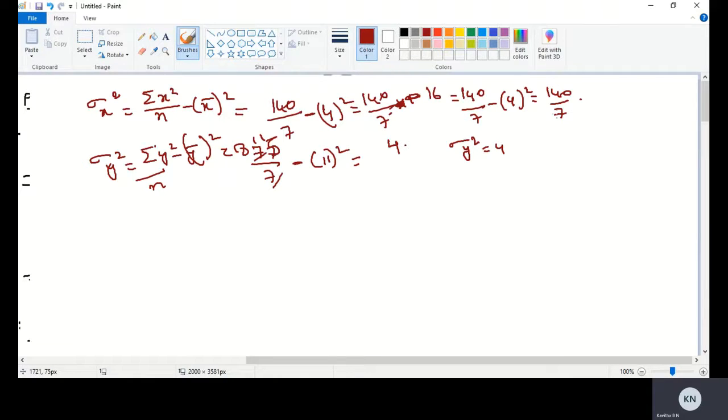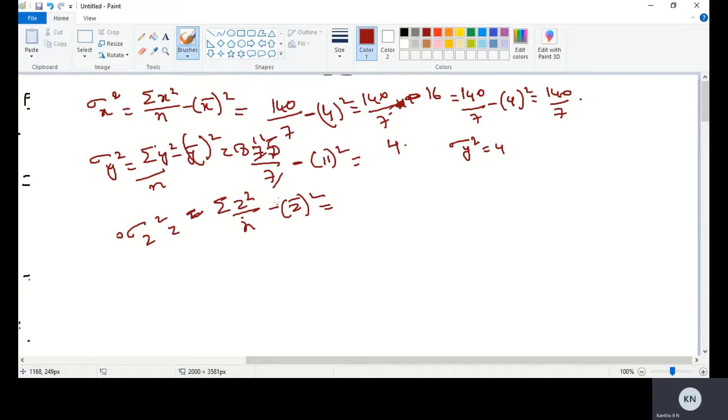Okay. Similarly, find out sigma z square, which is equal to summation of z square by n minus z bar whole square.